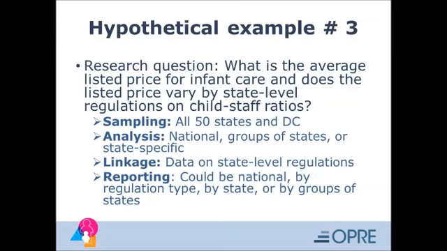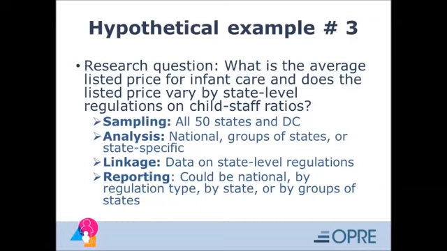Or you might divide up groups of states by region, for example, or by the ratio that they had. Similarly, you could just do individual states and report them. What's the linkage here? Well, the linkage is that you're using the state identifier to bring in the ratios as specified in the licensing language.